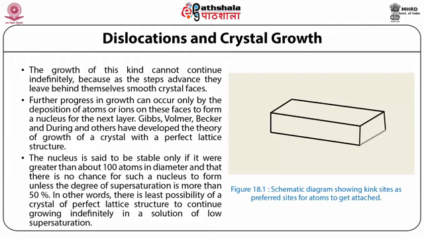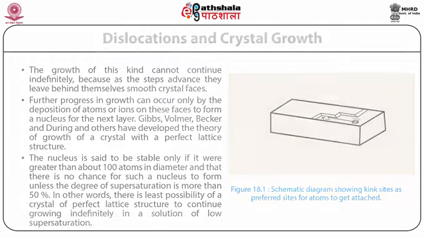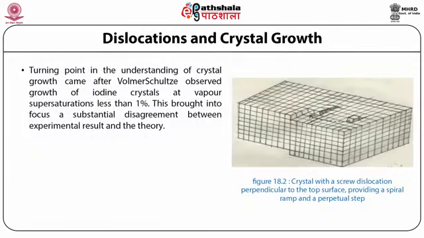The turning point in the understanding of crystal growth came after Volmer and Schulz observed growth of iodine crystals at vapor supersaturations less than 1%. This brought into focus a substantial disagreement between experimental result and the theory.